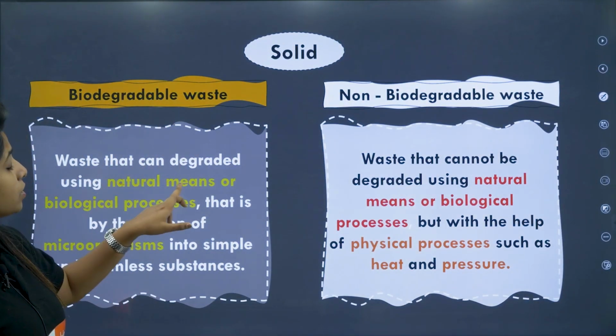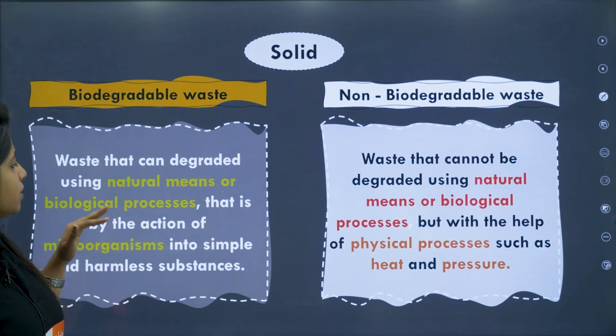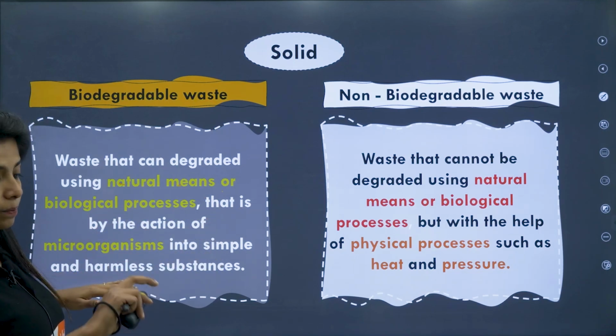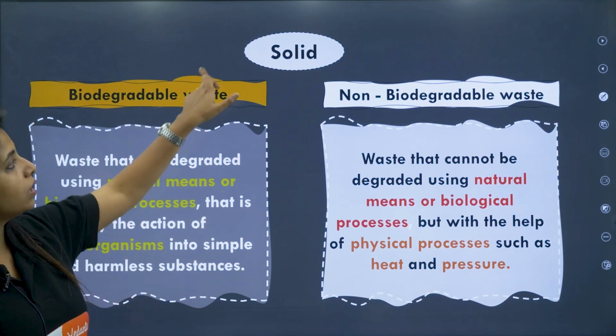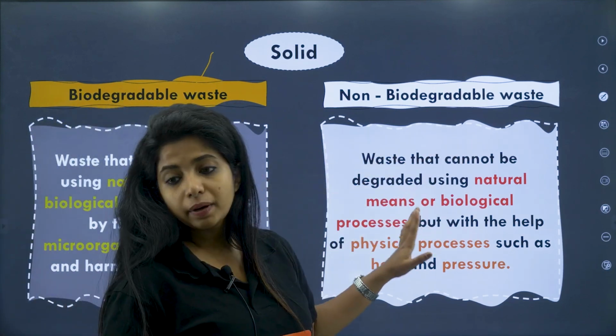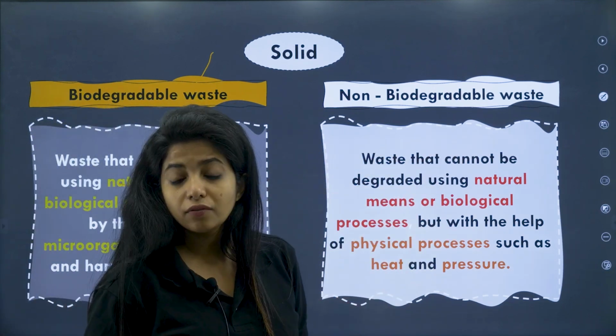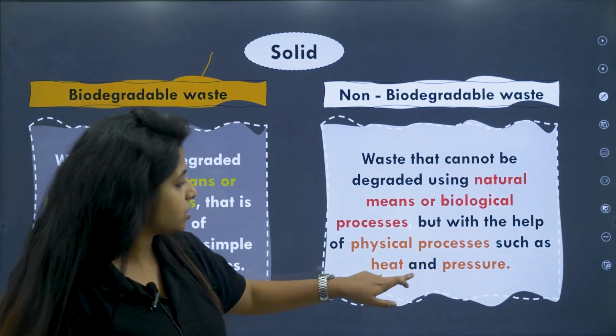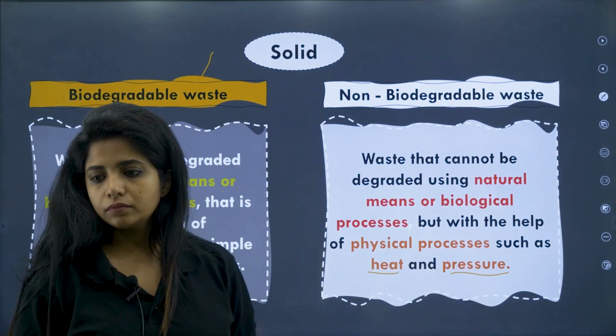Waste that can be degraded by natural means or biological processes, that is by the action of microorganisms, into simple and harmless substances is biodegradable waste, whereas non-biodegradable waste cannot be broken down by natural means or biological processes, but only with the help of physical processes such as heat and pressure.